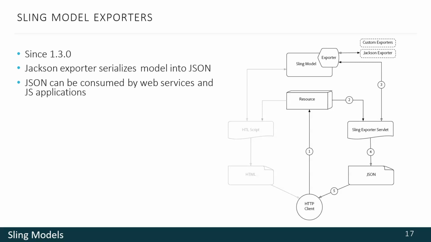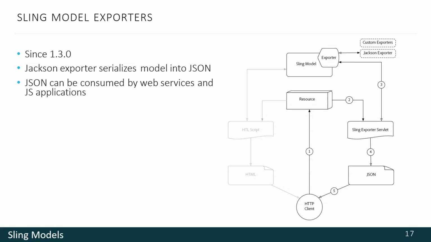Apache Sling provides a Jackson JSON exporter to cover the most common case of exporting Sling models as JSON objects for consumption by programmatic web consumers, such as other web services and JavaScript applications.